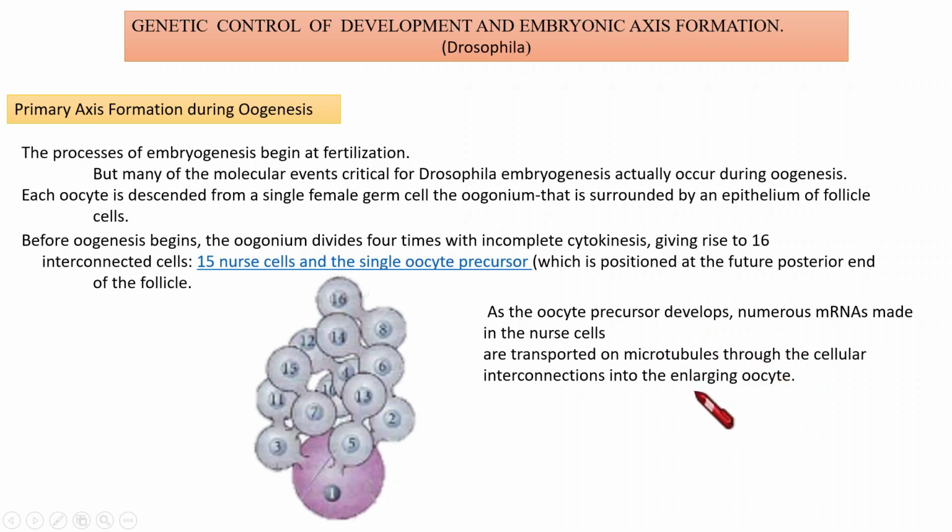To the enlarging oocyte. Whatever mRNAs form here are ultimately transported to this growing oocyte. All these mRNAs move through the cytoplasmic connections to the oocyte precursor, which is enlarging.